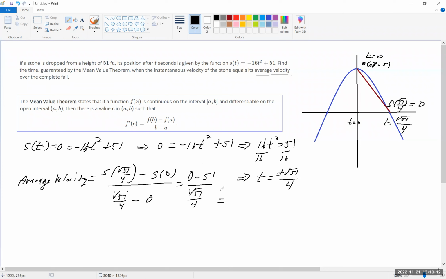And I'll move it over here. So that's going to be minus 51 times 4 over the square root of 51.